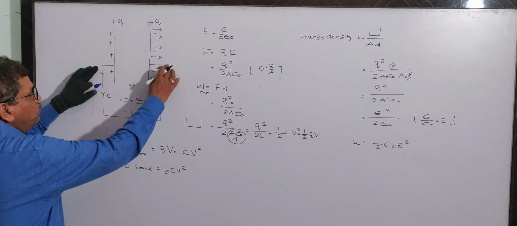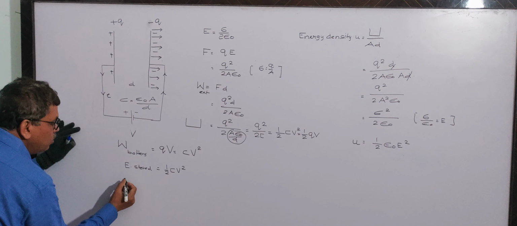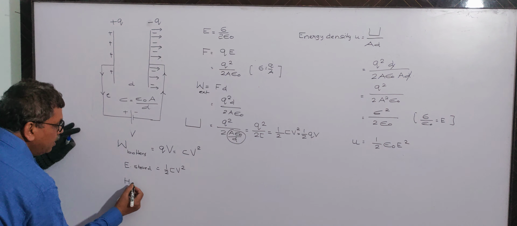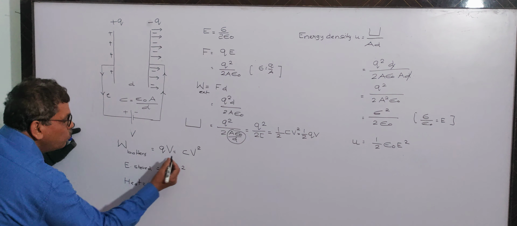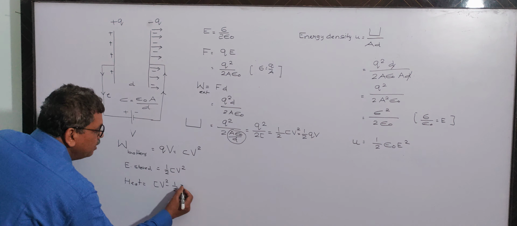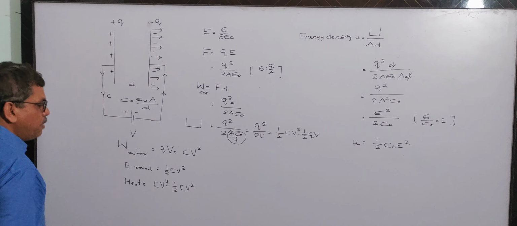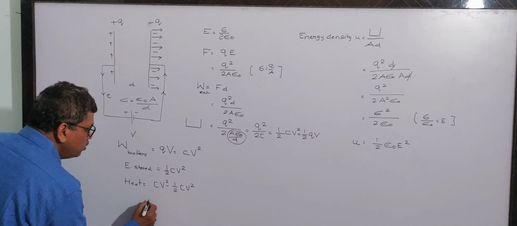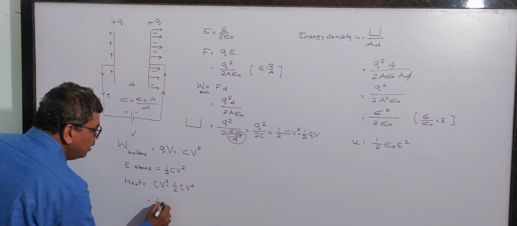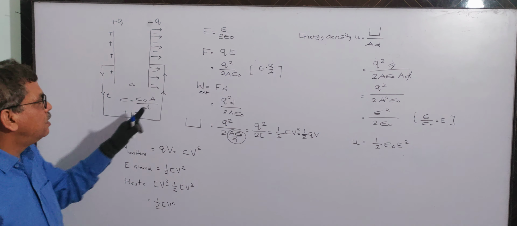So the energy dissipated in the form of heat in the conducting wire is the work done by the battery minus the energy stored, which is half CV square. So this is the amount of heat developed in this conducting wire.